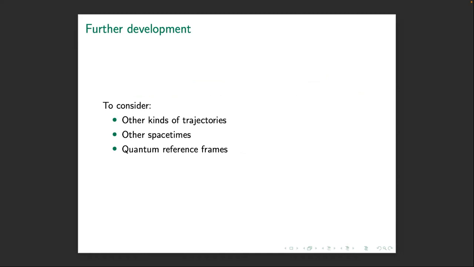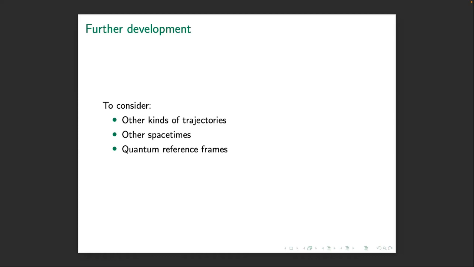For example, we think that circular geodesic trajectories shouldn't be much harder to treat than static ones. One can also consider other kinds of spacetimes. So Lewis considered flat spacetime and the Unruh effect. We considered Schwarzschild spacetime, but there are many more to consider.